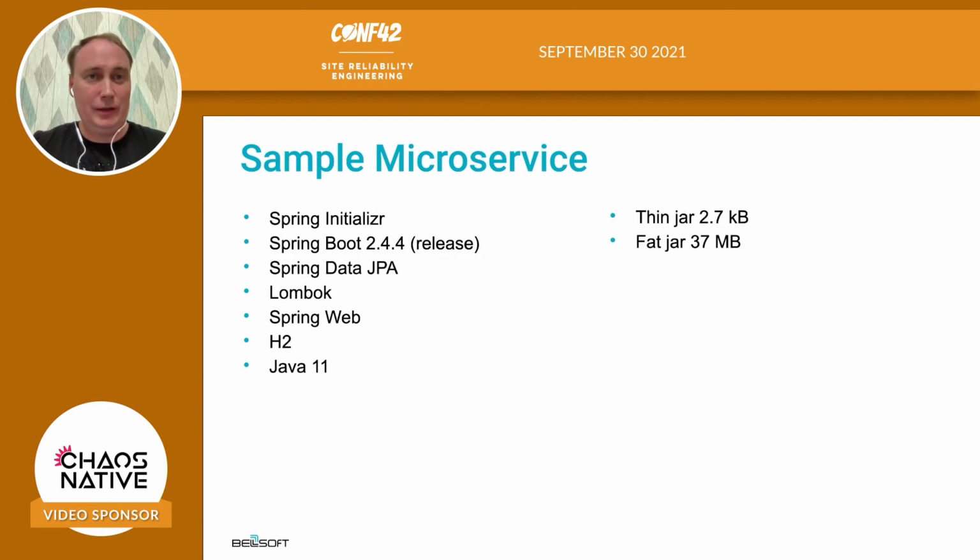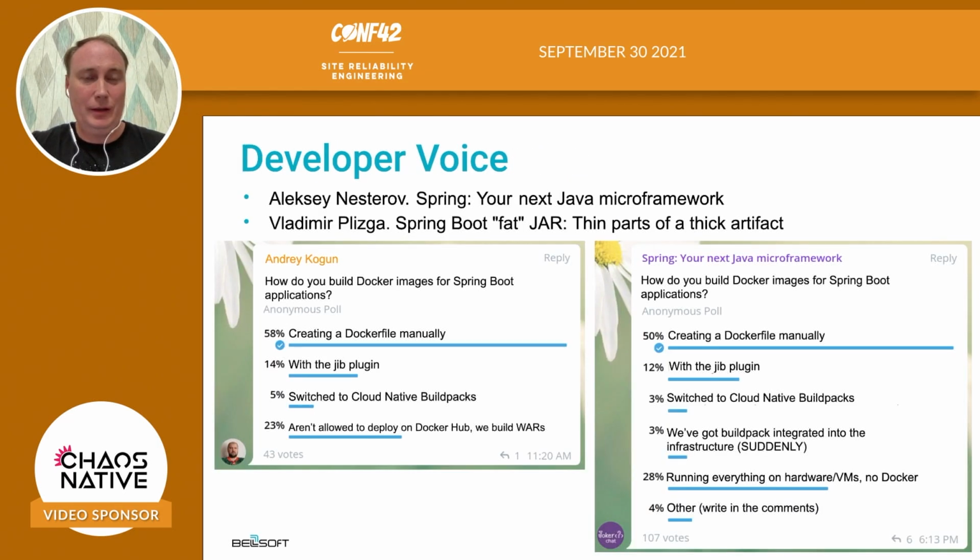And then we wrap it into a container. How do we do that? Well, there are different ways. Sometimes we even see so-called classical deployments, where we create WAR files and they are deployed on a web server. Some people use out-of-the-box functionality provided by the framework to produce the container.